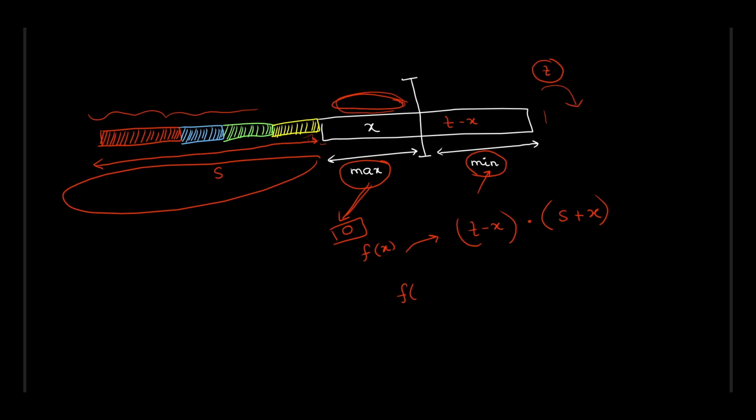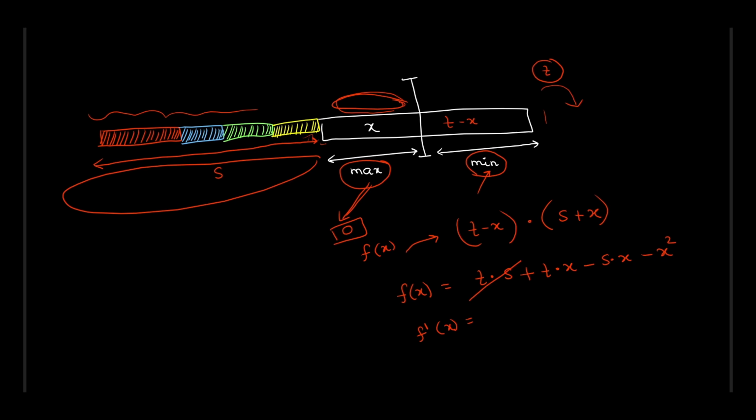So if you expand it, f of x is equal to t into s plus t into x minus s into x, sorry, minus x square. And then you can see that it is a quadratic equation, right? And it will be maximum when its derivative is 0.